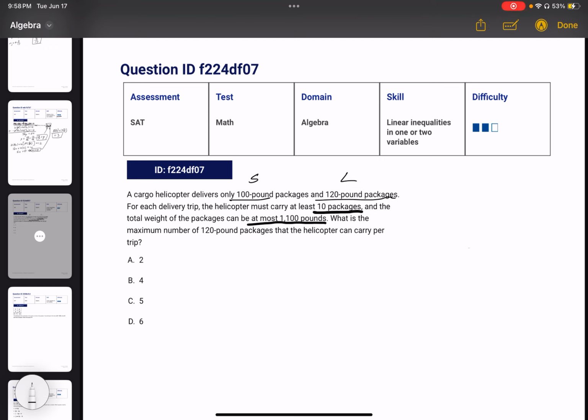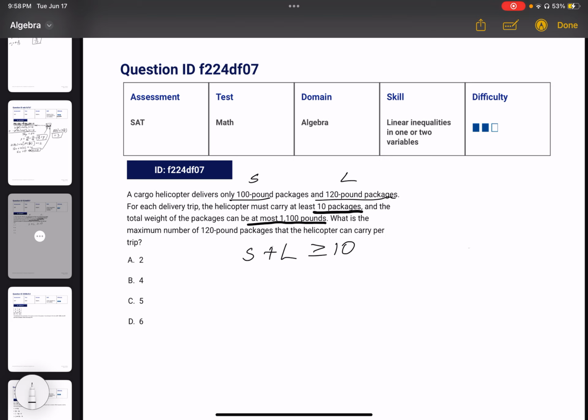And we're going to write out mathematically what this problem is telling us on the paper right here. So it says for each trip, the helicopter must carry at least 10 packages. So S plus L is greater than or equal to 10, because S is the number of 100-pound packages and L is the number of 120-pound packages.